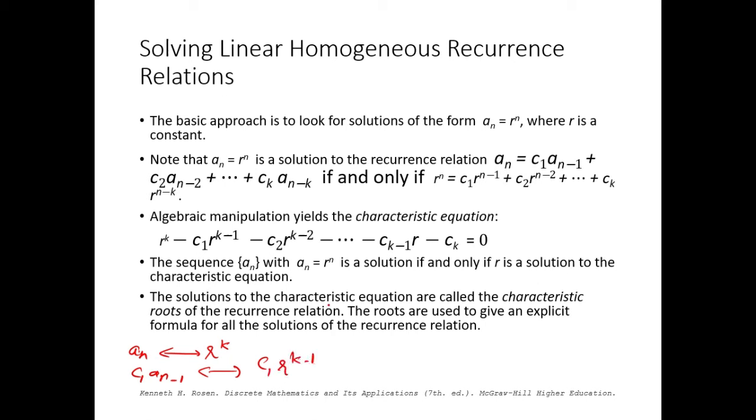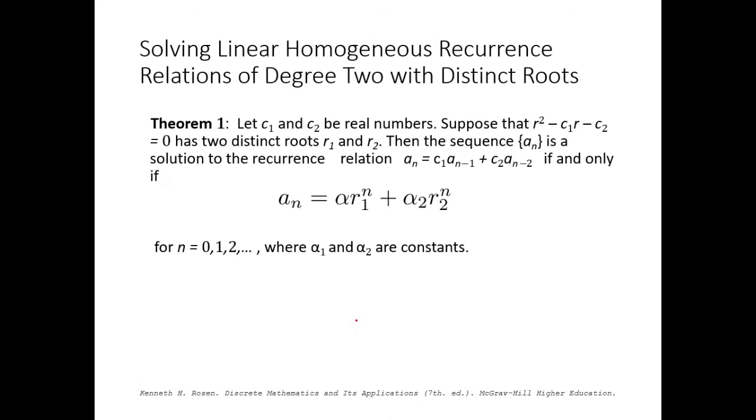This equation is called a characteristic equation, and we need to solve this equation to get the roots of the equation. These characteristic roots are then used in the further formula.